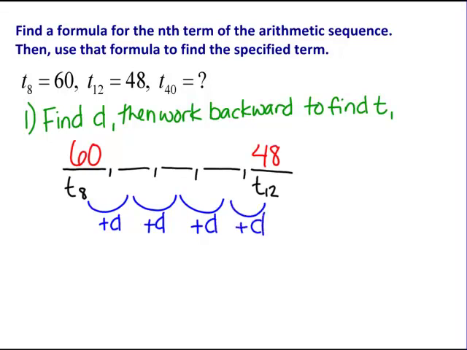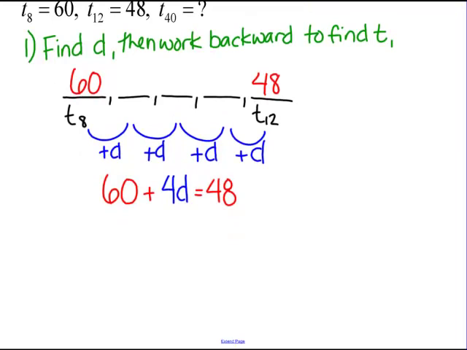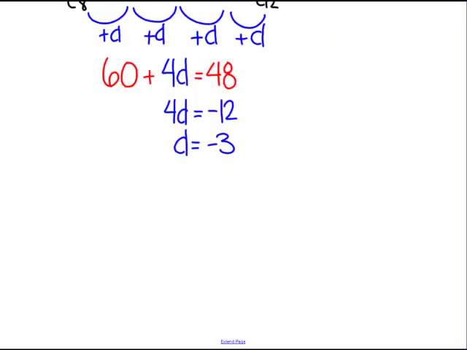So if I add enough common differences to get to the 12th term, it looks like from the 8th to the 12th, I add 4 common differences. So it must be that the 8th term plus 4 times the common difference is the 12th term. So this is a pretty simple equation. We can solve it for d, subtract 60 from both sides. I get that 4d is equal to negative 12, which means d must be negative 3.